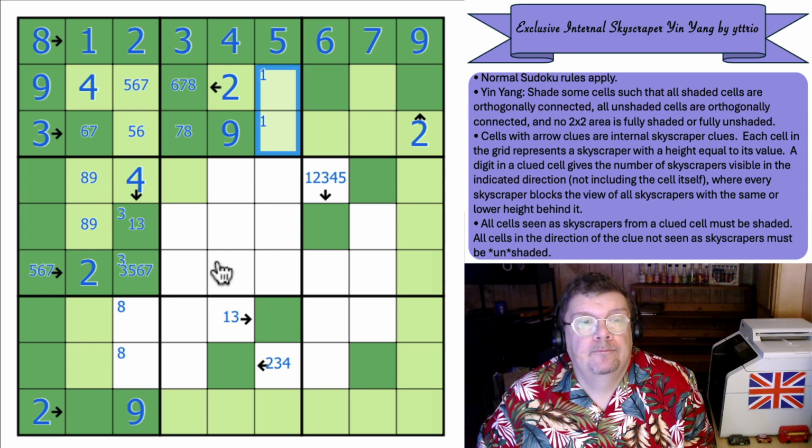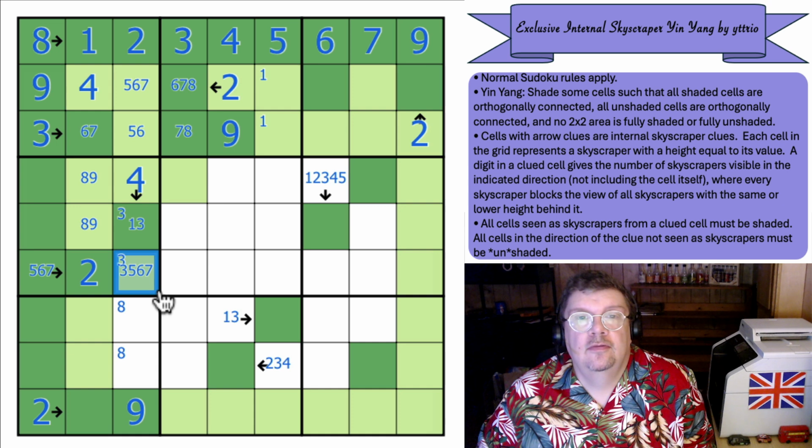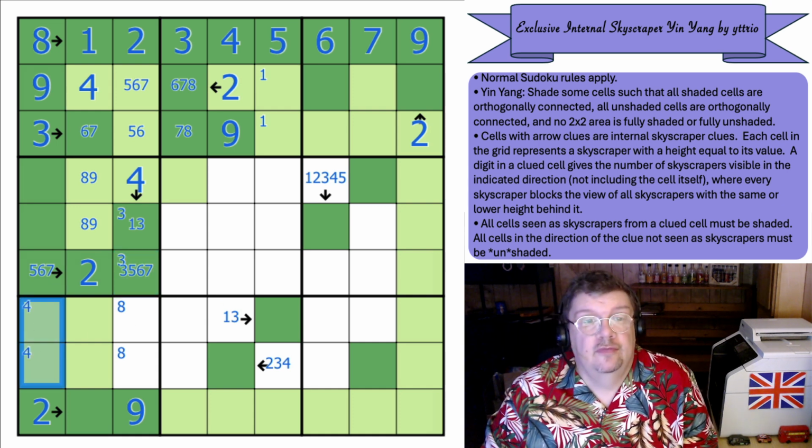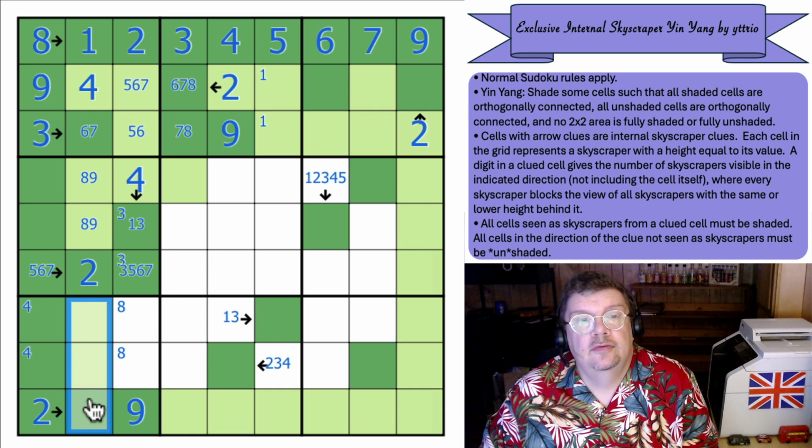Right, where to look next? Is there any more shading I can do, or just some plain Sudoku? I can put a 4 into one of those two. 3, well, this is 3, 5, 6, and 7.